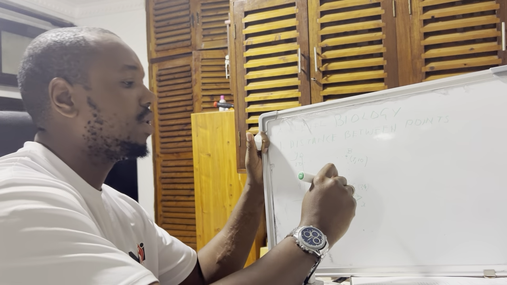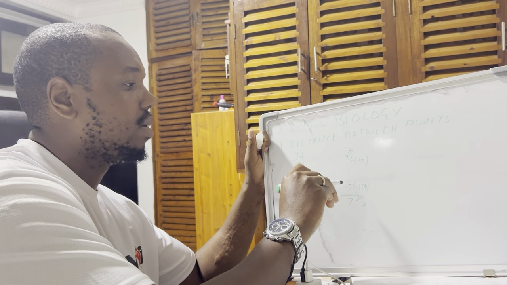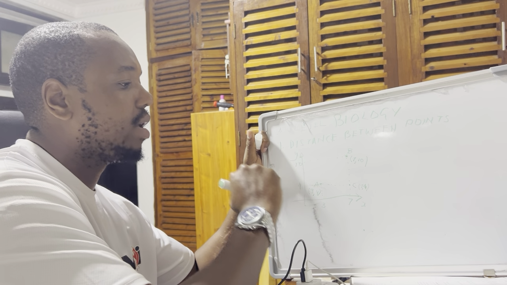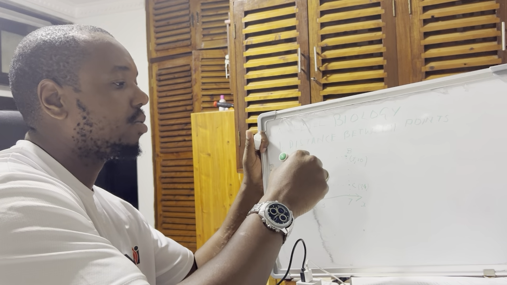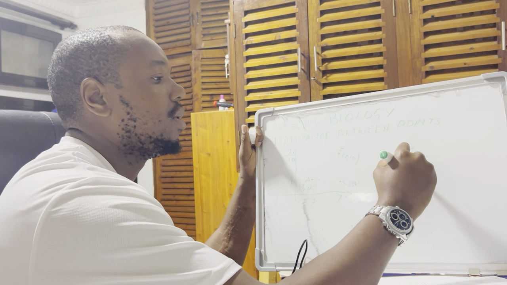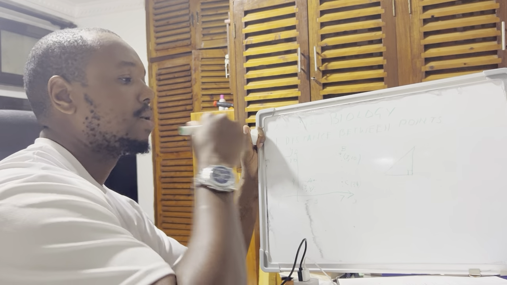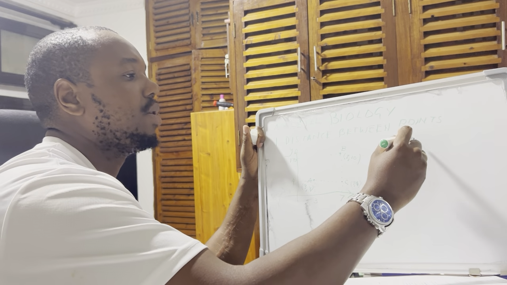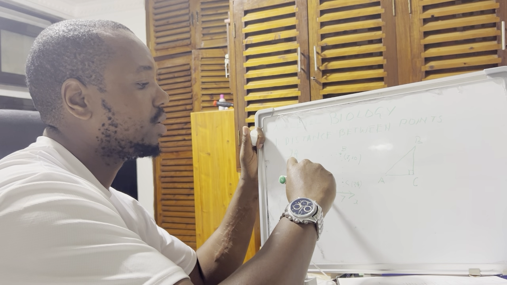Seeing that this point has the same x coordinate as point B and the same y coordinate as point A, we can draw the right angle triangle that we're looking for, with C, A, and B.